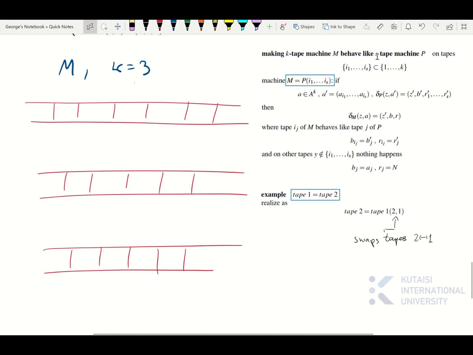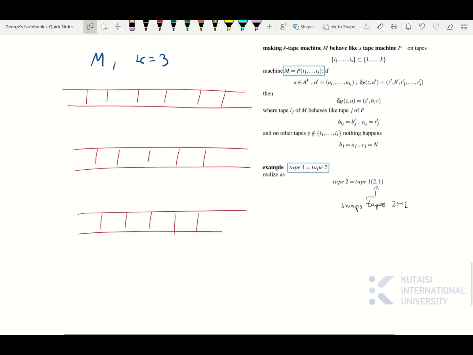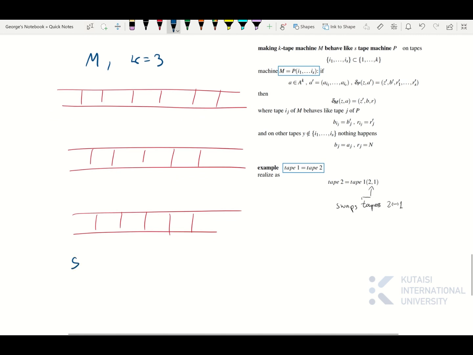And let's say I have an s-tape machine P, meaning s is smaller than or equal to k. Let's say for our example, s is 2. So I have a 2-tape machine. This guy is called P. And let's say this machine is doing something here.